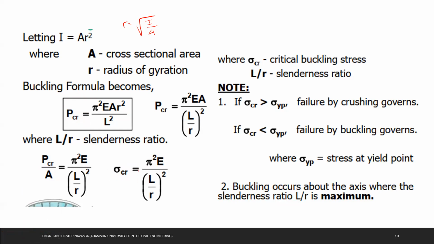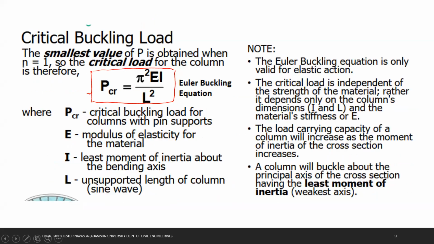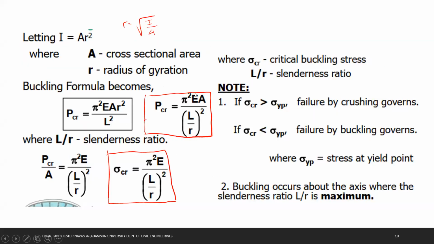So you can use this equation for the critical buckling stress, or you can use this equation if you only have the radius of gyration r and you don't have the least moment of inertia. So you have these equations.